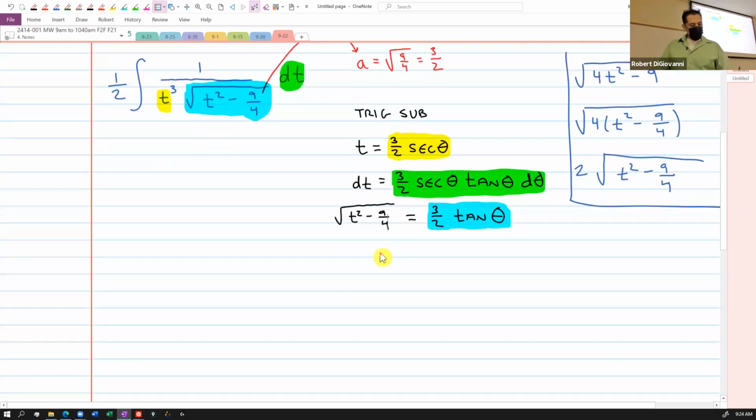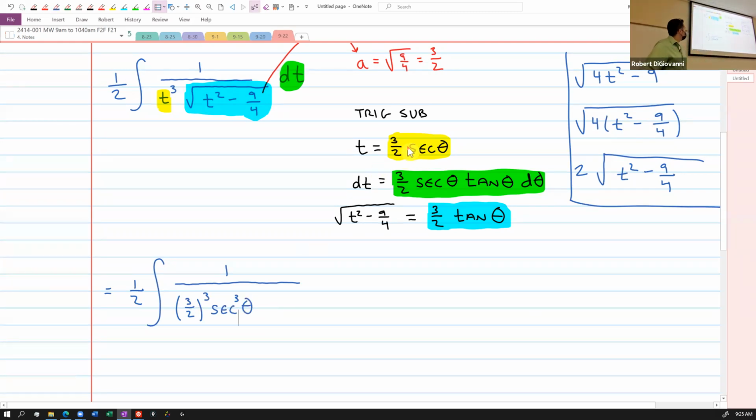So here we are. We have this equals 1/2 integral. Oh, we have a 1 on top. That's nice. 1 over t cubed, so I need to take this yellow thing and cube it. I'm not going to cube the 3 halves, I'm just going to put 3 halves cubed, because I might get some things to cancel. Then secant theta cubed.